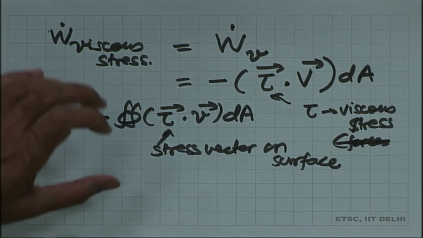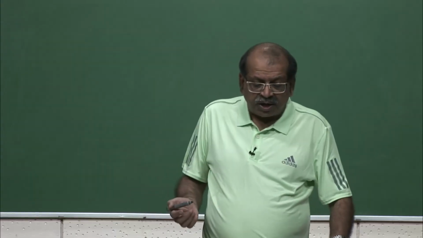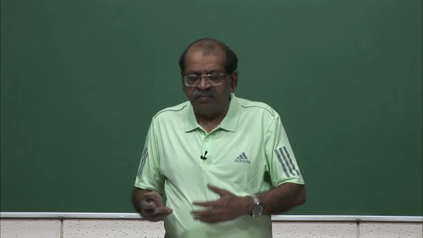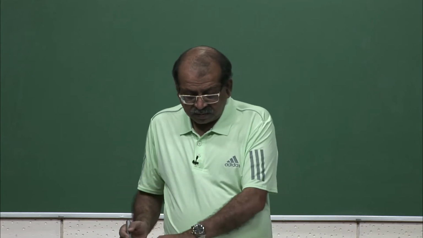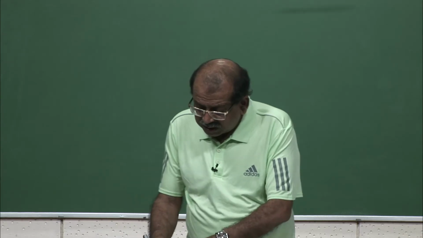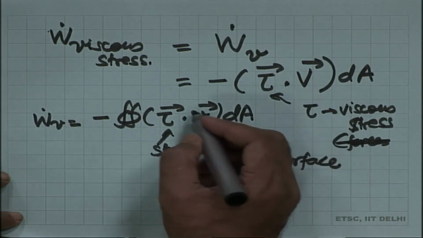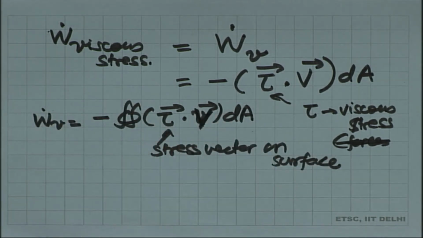Right now I am just saying this a bit; it will become more clear once we get to the differential analysis, where we write the stress equation and explain the stress in more detail. So, this V is the velocity vector. Maybe I should put it as a capital V instead of small v, please note that.